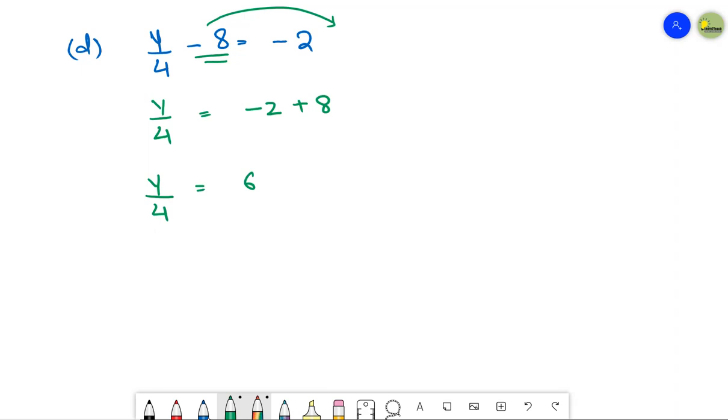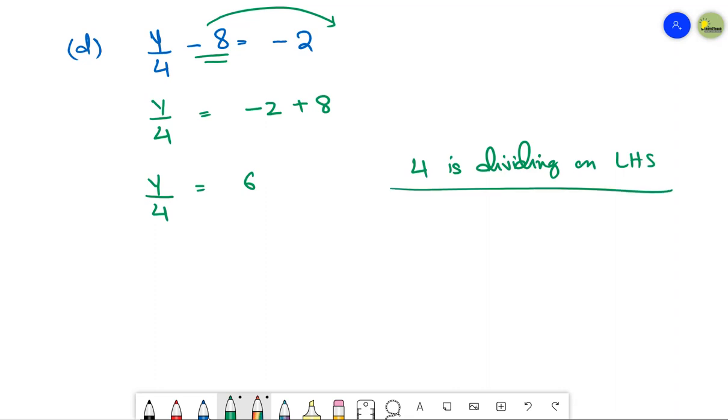Now, if you want to shift this 4 to the other side of the equation, keep in mind that 4 is dividing y on the left hand side. So when you are going to shift it, 4 will be multiplied with 6.